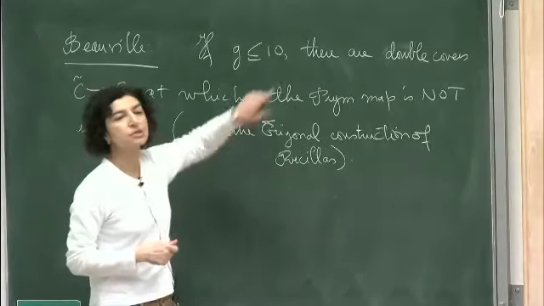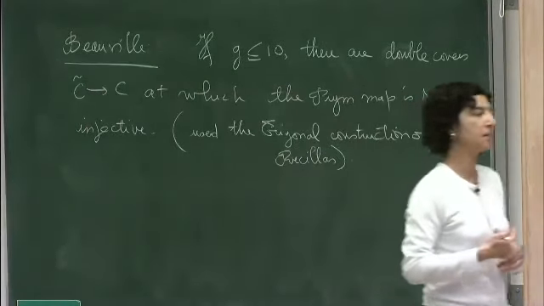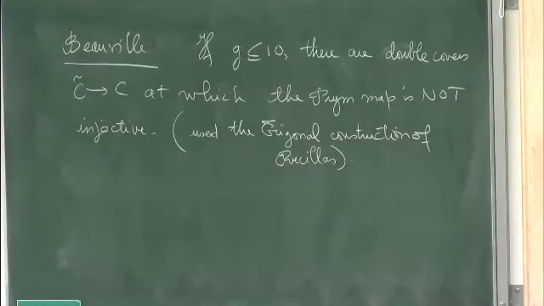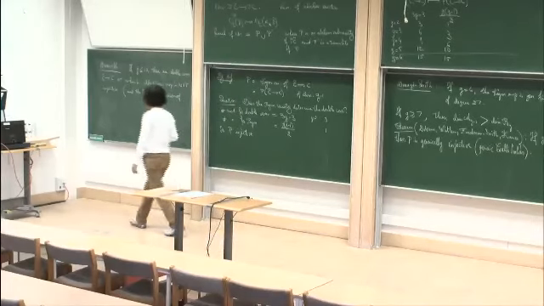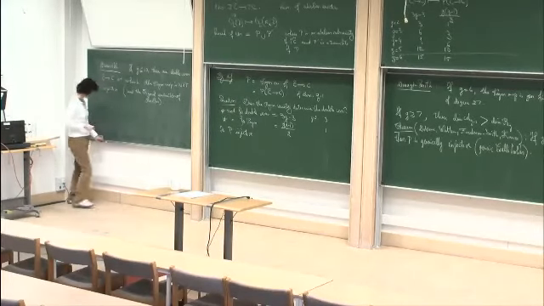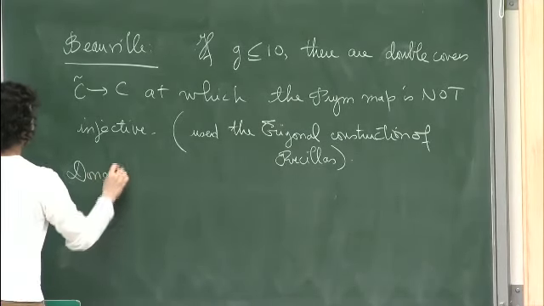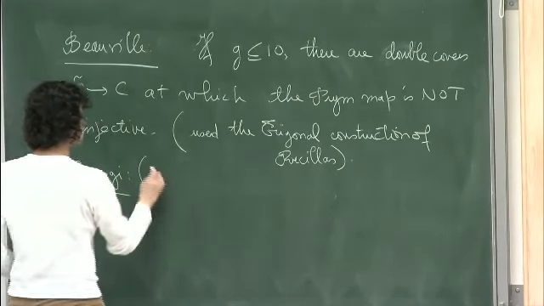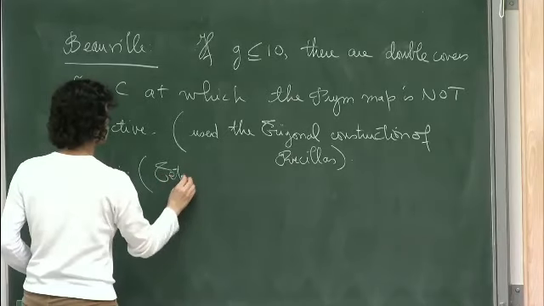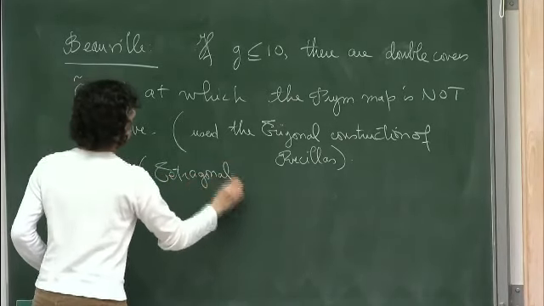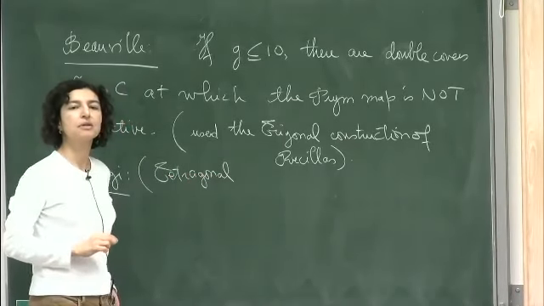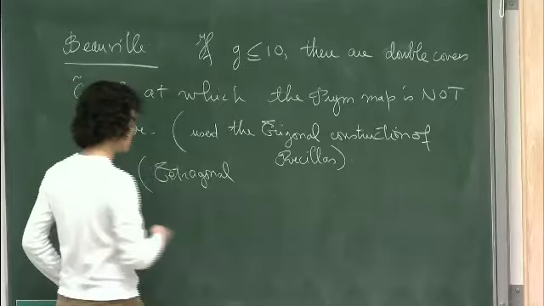But the genus was up to 10, so there was still a possibility that the Prym map would be injective if the genus is high enough. But then Donagi came along, and he did what he called the tetragonal construction, which is sort of similar to the trigonal construction, but one degree higher.